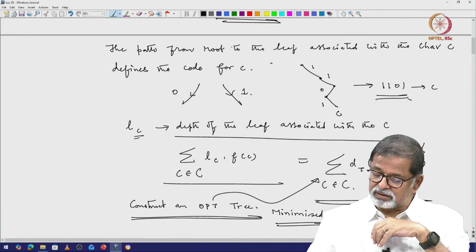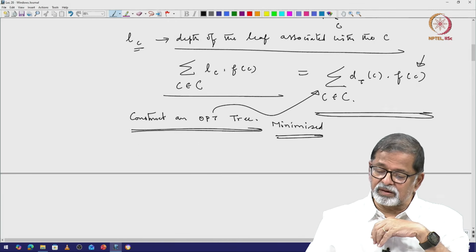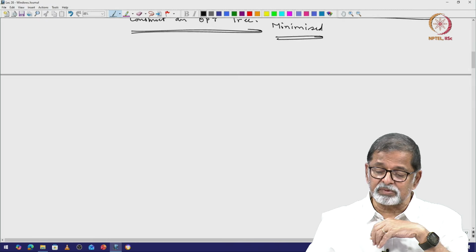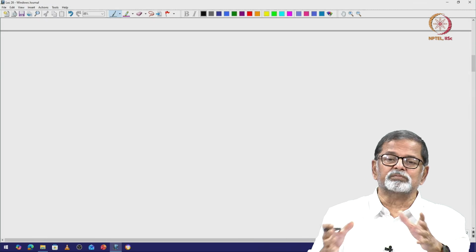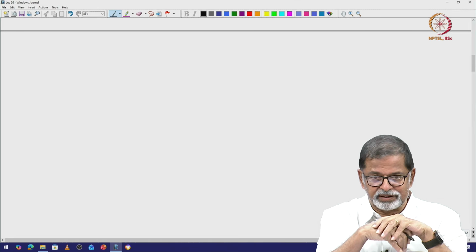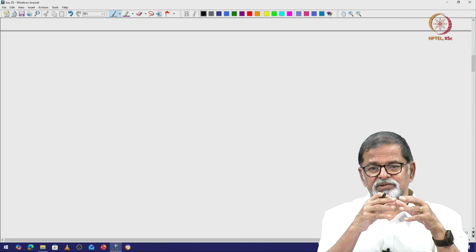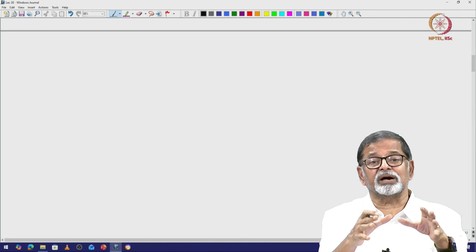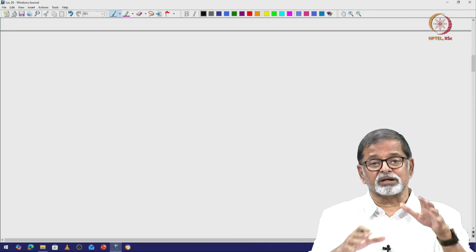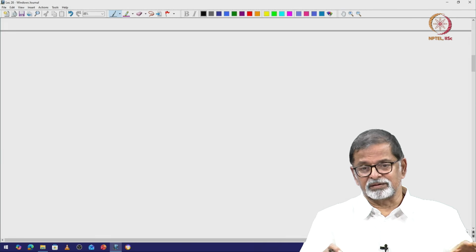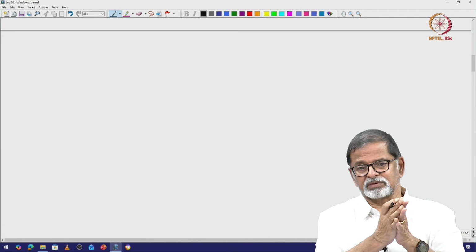So, how do we approach this optimization problem? Here is the greedy strategy. We are going to build a full binary tree in n minus 1 stages. Recall that you have n minus 1 internal nodes. Those internal nodes are going to be identified by this process.